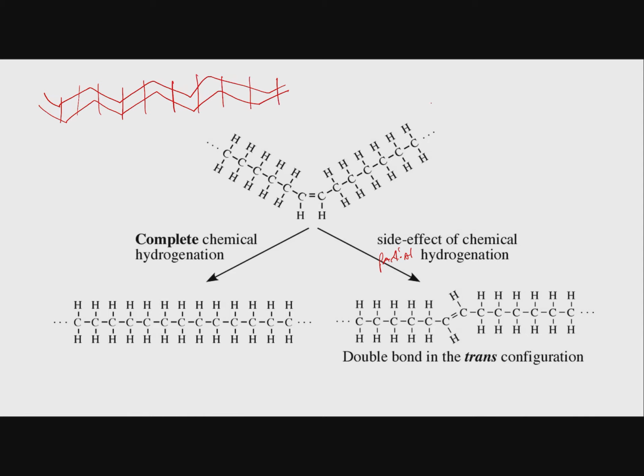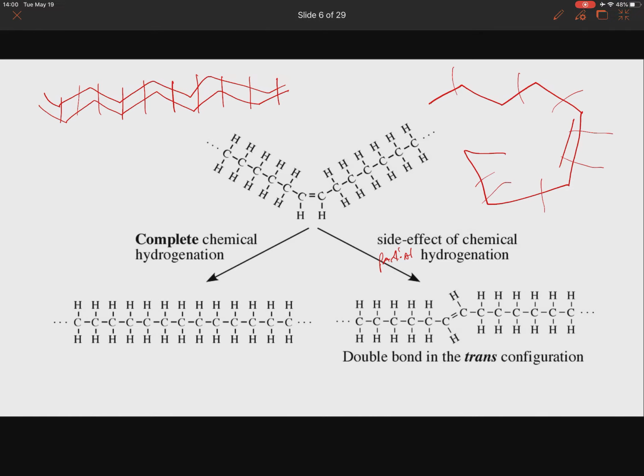If we had two fatty acids that had kinks in them, something like, that's an over dramatic one, but some double bonds like that, you can imagine two fatty acids are going to have a hard time lining up with each other in order to have enough interactions with each other that they're going to hold on to each other with any kind of energy.